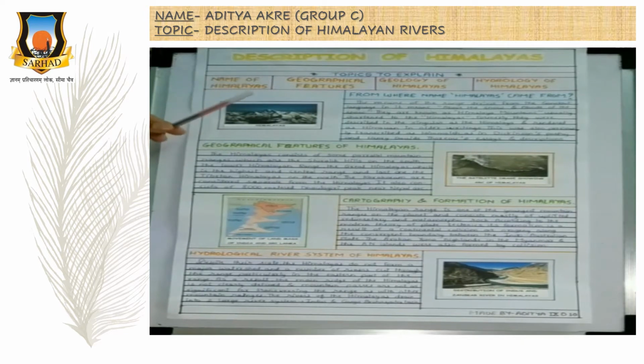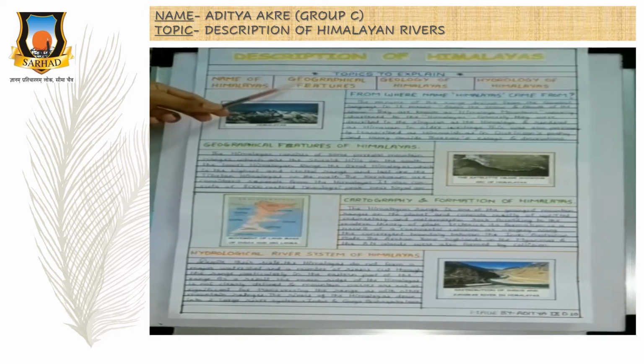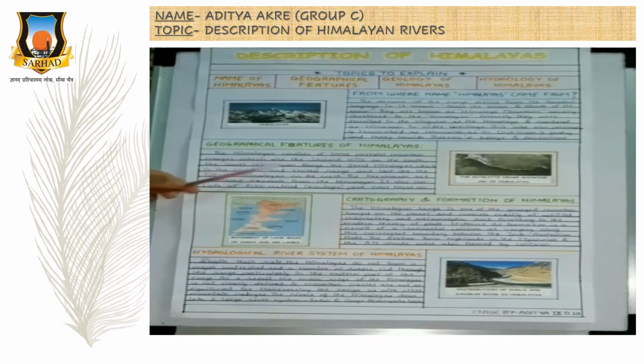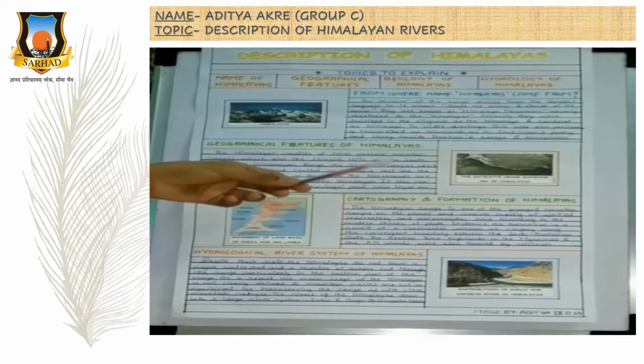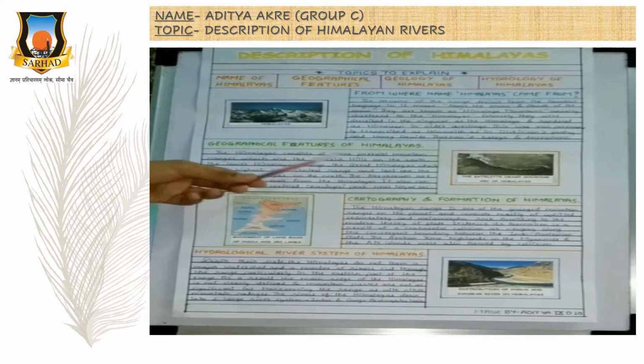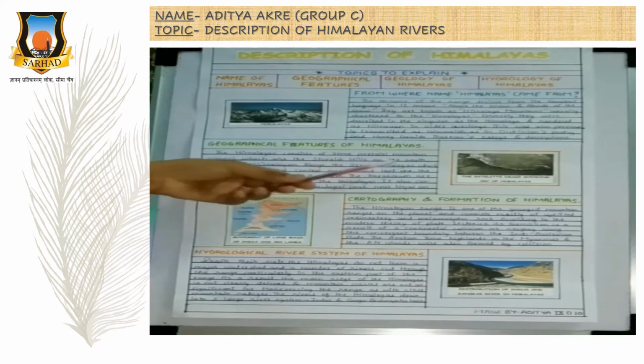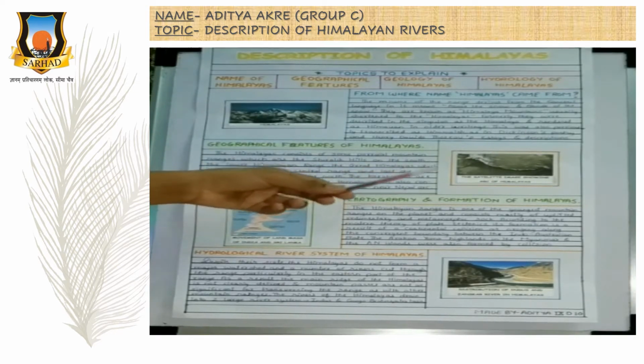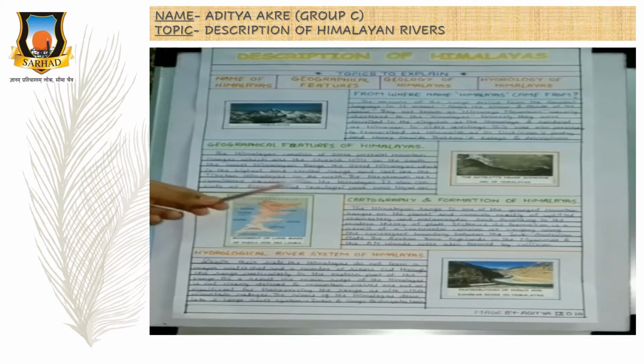Now let us start with our next topic, that is geographical and physical features of Himalayas. The Himalayas consist of some parallel mountain ranges, which are the Shivaliks on the south, the lower Himalayan range, the Great Himalayas, which is the highest and the central range, and the last one, the Tibetan Himalayas on the north.